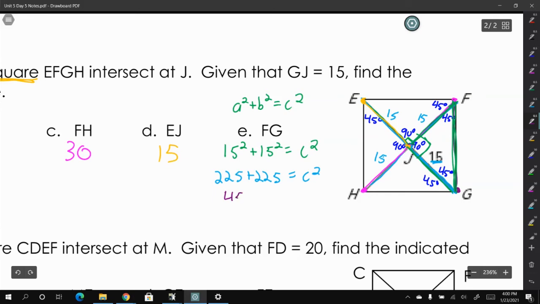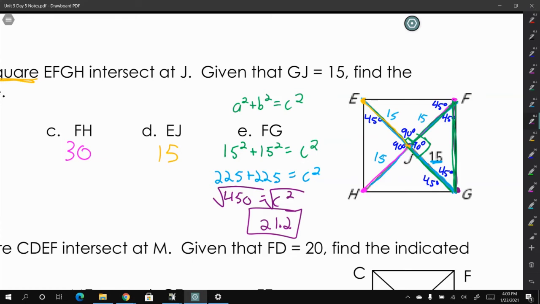Combine our like terms, 450 equals c squared, and we square root both sides. We get 21.2. So remember to use Pythagorean theorem when it comes up.